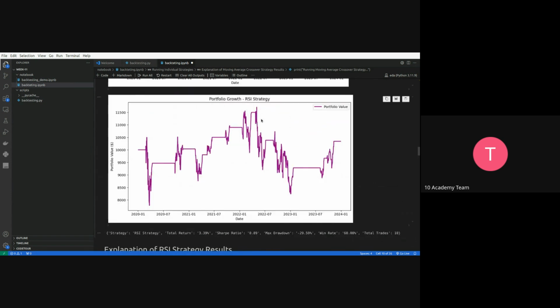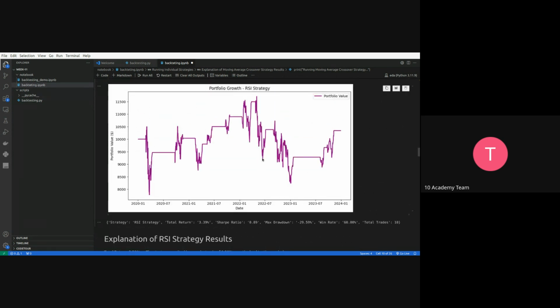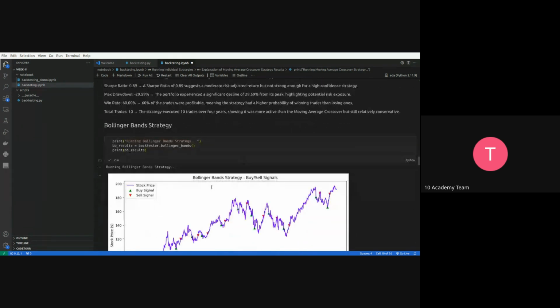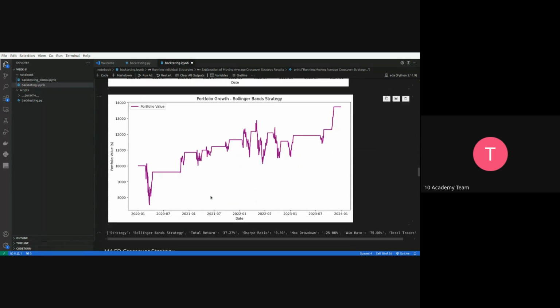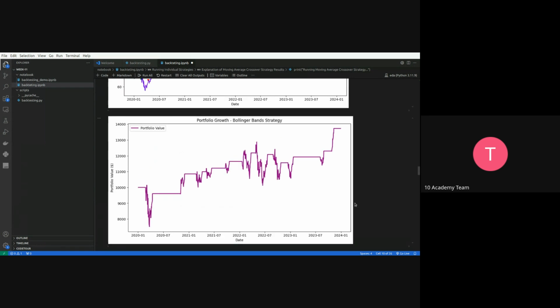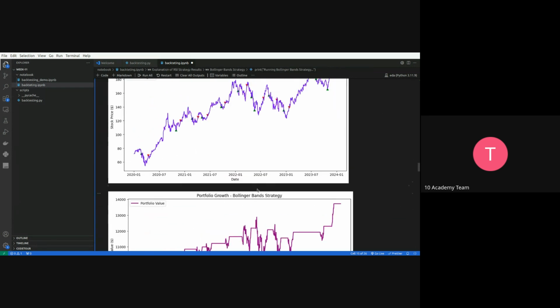That means, I think it will be this one, the maximum drop from peak to touching trough is a maximum of 29% of the total. That's one. Win rate, I think the win rate is 75%. This is the same one.